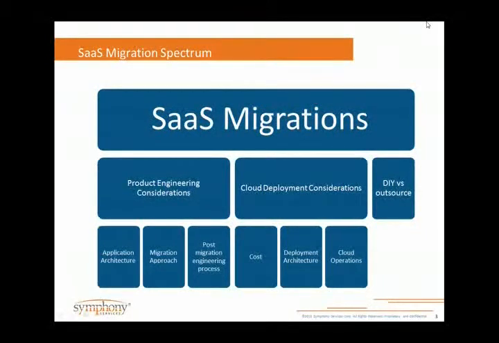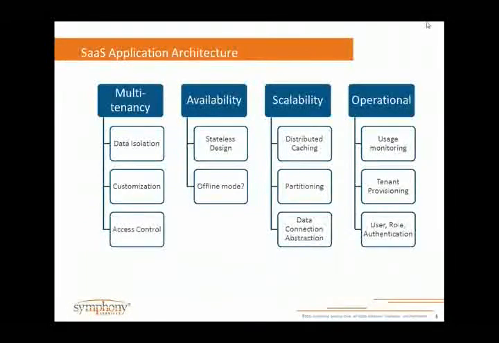So let us look at the architecture aspect. Since 75% of us are on-premise today, it's quite possible that these aspects of application architecture are new. For example, if we look at availability, I'll start with that and then I'll come to multi-tenants.